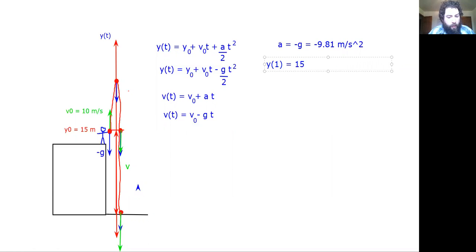We know the initial velocity is 10 meters per second, times 1. And we know the gravity we're going to estimate to be 10 meters per second squared, or negative 10 meters per second squared since it's pointed downwards. So negative 10 divided by 2.